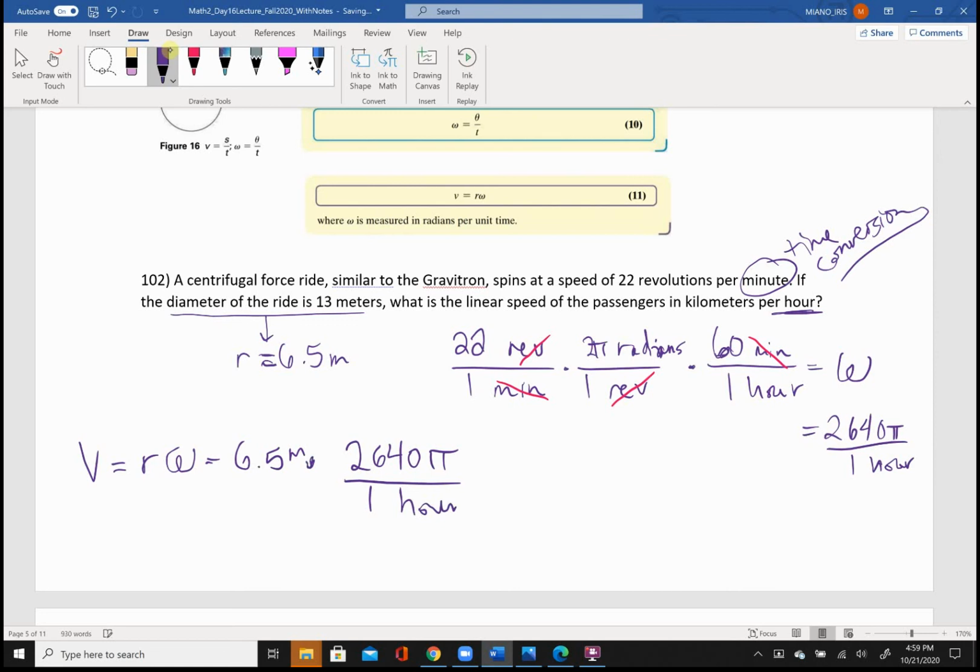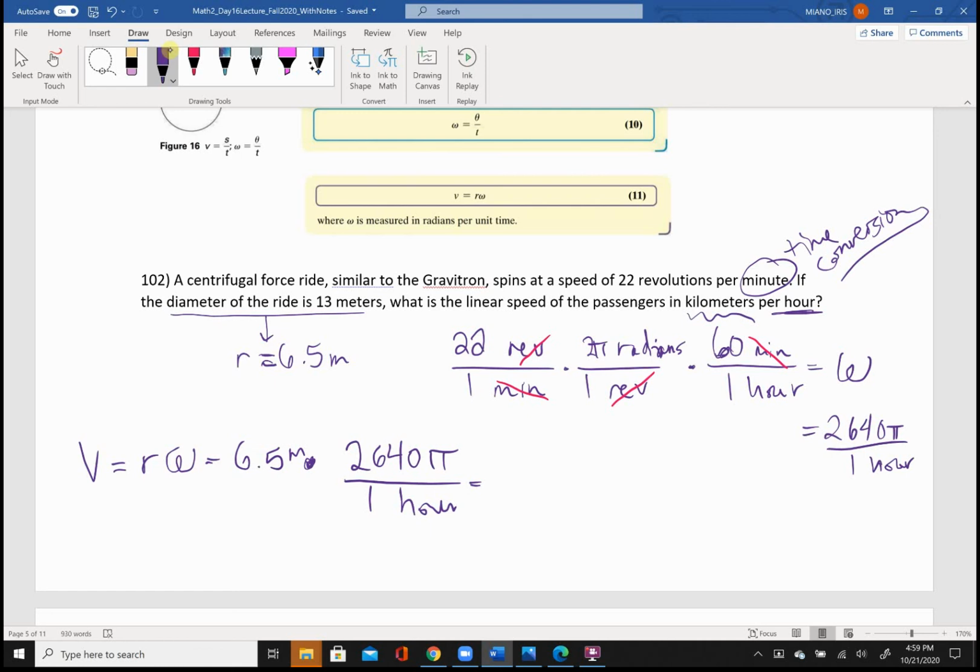So let's multiply it. Oh, but wait, there's actually one more thing we need to do, because we need it to be in kilometers per hour. But we can wait until the very last step to address that. So 6.5 times 2,640 times pi, and we're just dividing by 1 hour, so there's no calculation associated with that. It's just a units thing.